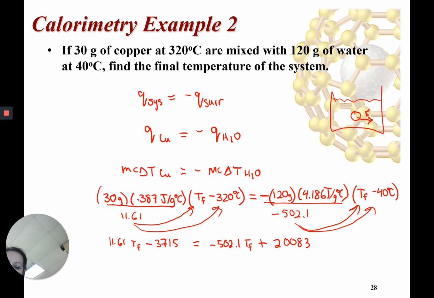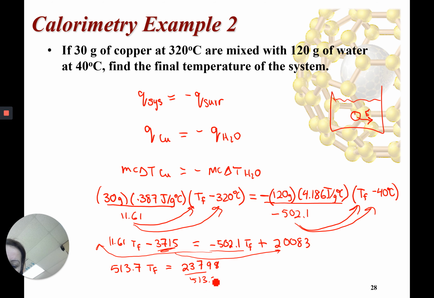Then you're going to combine like terms, so I'm going to move this to the other side by adding it, and this to the other side by adding it. So I get 513.7 TF is equal to 23,798, and then you divide both sides by 513.7.